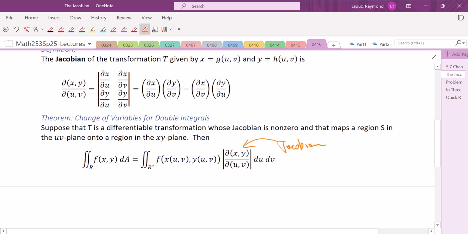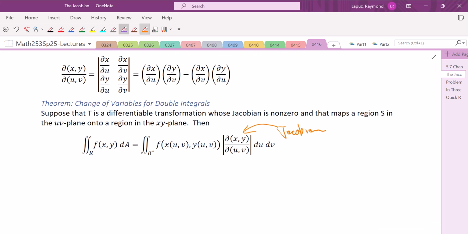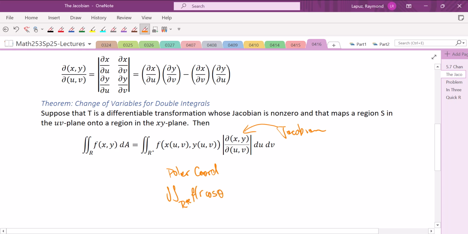So if you look at polar coordinates, what you have is a double integral over the new domain, and then you have f of r cosine theta because x is equal to r cosine theta, f of r sine theta because y is equal to r sine theta, and then this thing happens to be r, which I kind of showed you already one time, and then dr d theta, where instead of u and v, we're specifically using r and theta.